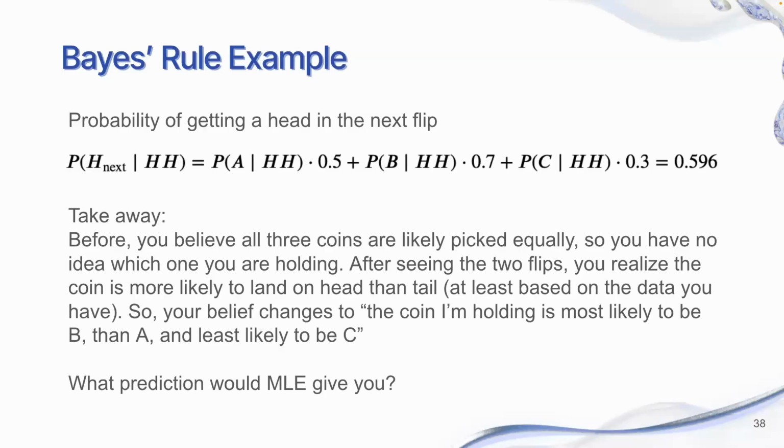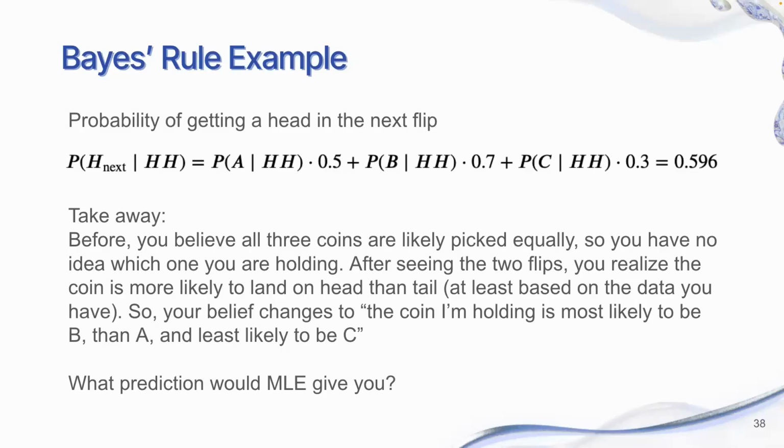You're not 100% sure, but based on what you see so far, that's the more reasonable case. So after seeing the data, you change your belief: the coin I'm holding is more likely to land on head than tails. So I'm most likely holding coin B, then coin A, and least likely holding coin C.